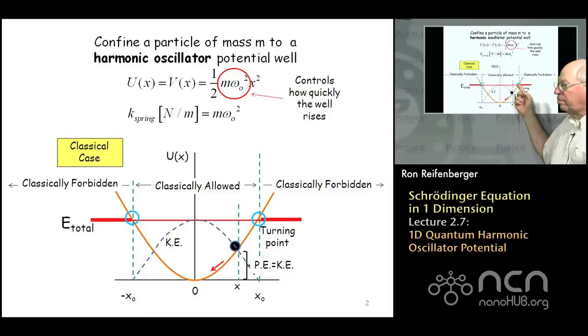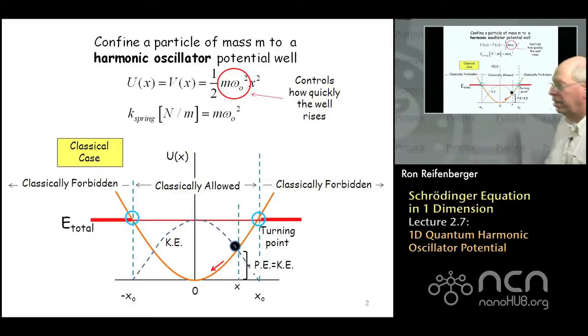And classically, the particle is confined to this region of space between, let's say, x0 and minus x0, right? And the particle can never get higher in energy than is specified by its release point, by these turning points.